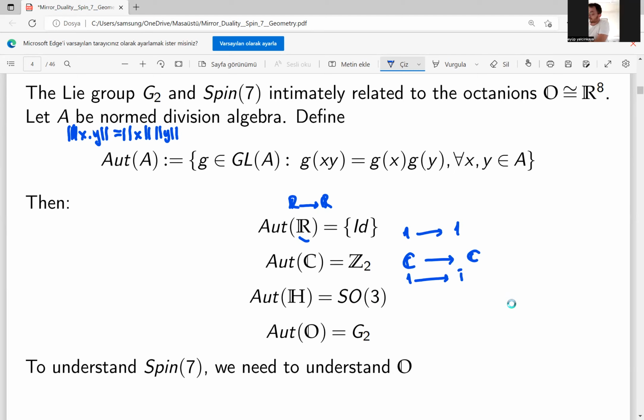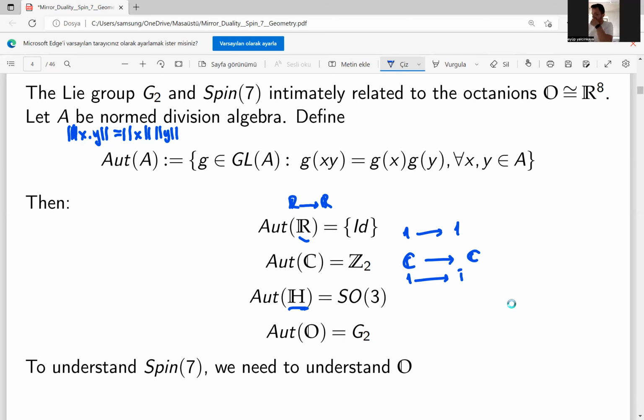So for the automorphism group of the quaternions, it's the SO(3) group, because I sends to J, one possibility, I sends to K, one possibility, and I sends to I. So for three components turning around itself, this is nothing but SO(3).